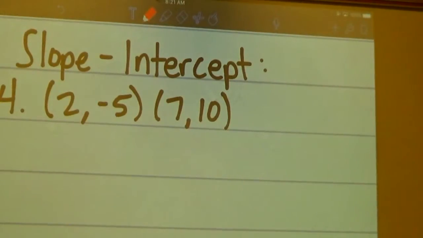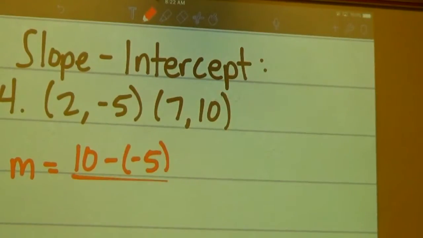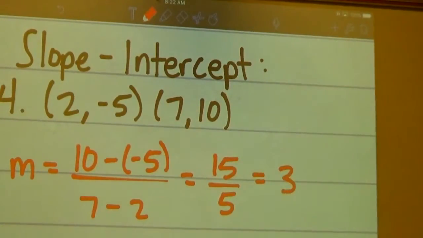How do we find our slope? Good. 10 minus negative 5 over 7 minus 2. This will be 15 over 5, which is 3.